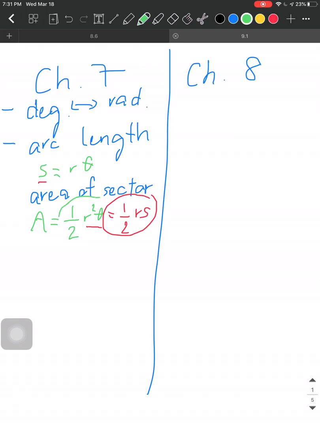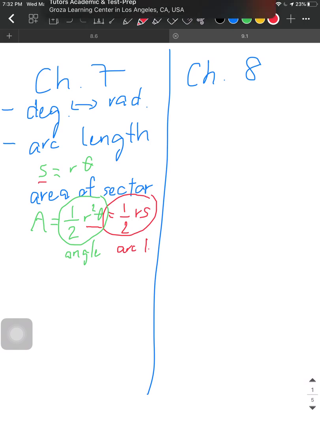The outer formula, this one in here, you use it to find the area of the sector if you know the angle, okay? So this one in here is for the angle, and the one in red is for the arc length, which is S. Or let me just put arc length, okay? So don't get confused. Make sure you know which one to use when.